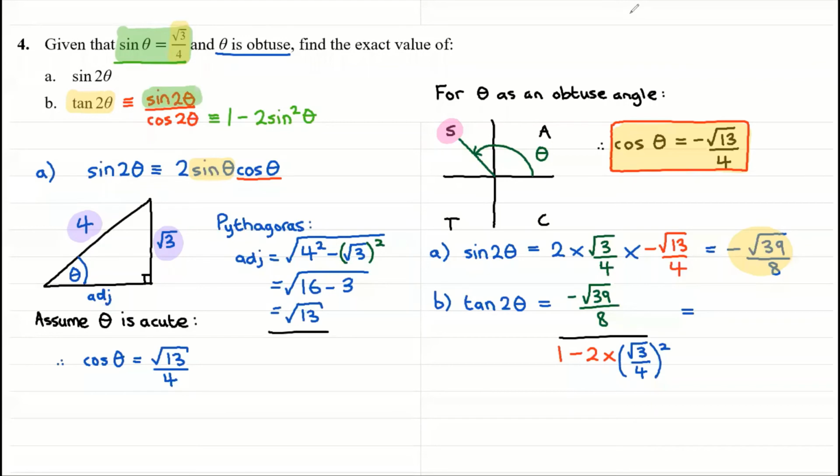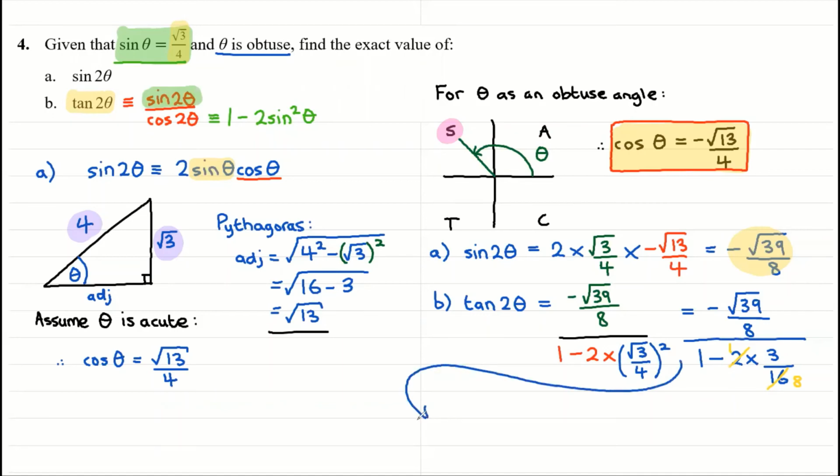But with a bit of manipulation, this is going to be negative root 39 over 8. Let's just tidy up that denominator. Then 1 subtract 2 lots of, now I'm going to square this, so that's going to be 3 over 16. And we're going to have some cancellation here, which is nice. So the 2 is going to cancel, that's going to be 8. So essentially on the bottom, we have 1 subtract 3 over 8. Okay, so this might actually work out nicely. I'm just going to move down here so I don't run out of space.